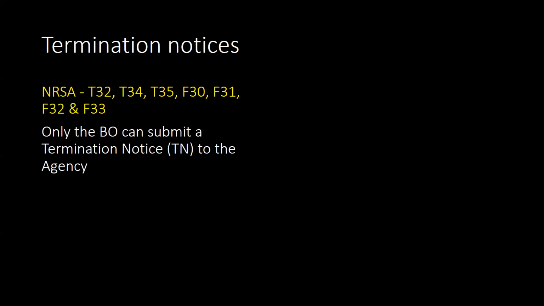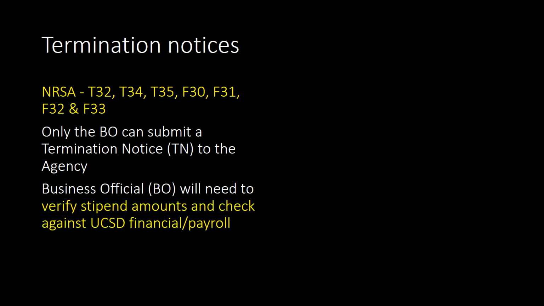The interesting thing about this is only the business official can submit the termination notice to the agency. One thing that's really important is, if you are the business official submitting this to the agency, you should always verify the stipend amounts, cross-check them with the UCSD financial system, and make sure that they got paid the correct amount. Because if we're telling them we paid them $50,000, then it should say that on our ledgers.